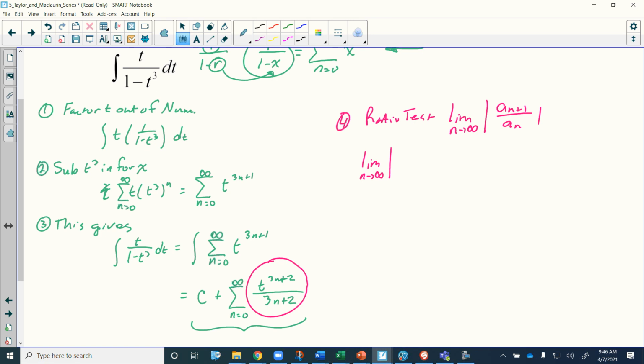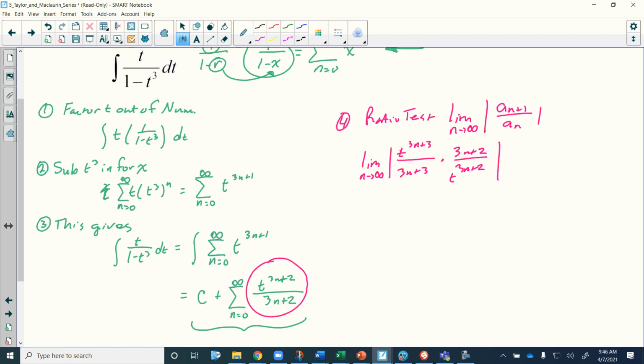So if I say n plus 1 on this one, I'm going to wind up with t to the 3n plus 2 plus 1, which gives me the 3n plus 3 power over 3n plus 3 again. And I'm going to multiply it by the reciprocal of that rather than dividing with it. And that'll give me 3n plus 2 over t to the 3n plus 2 power.